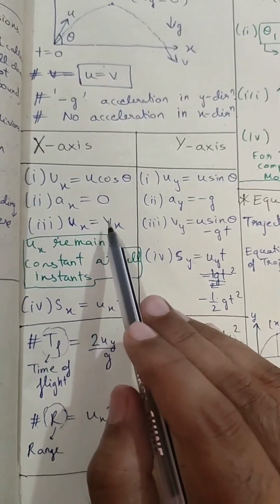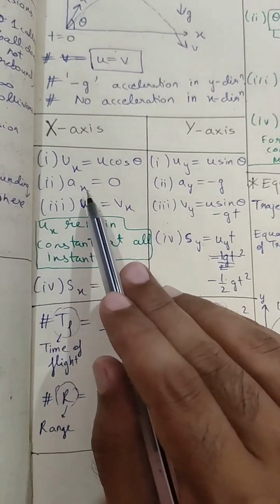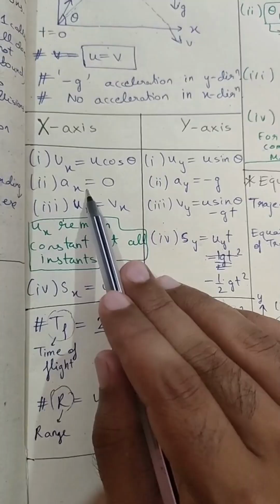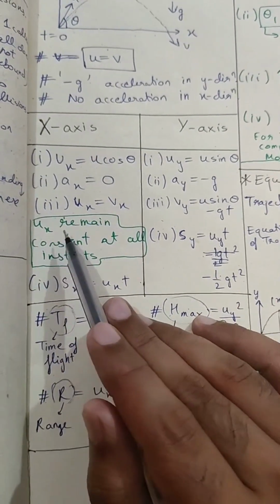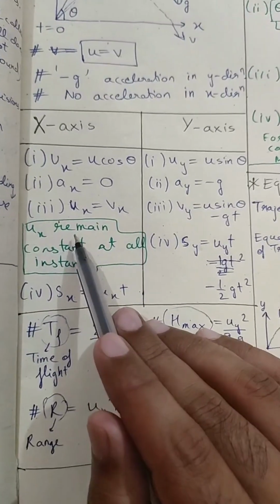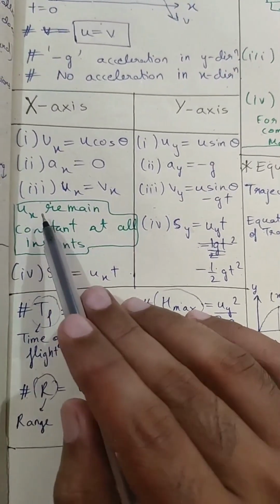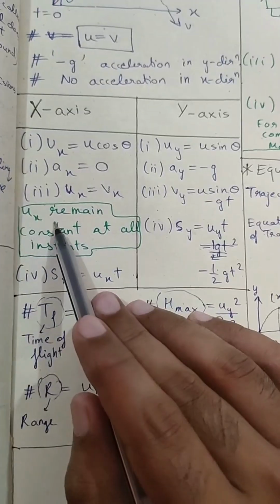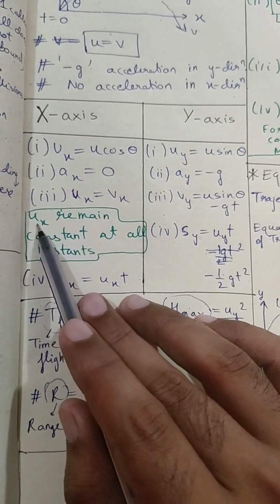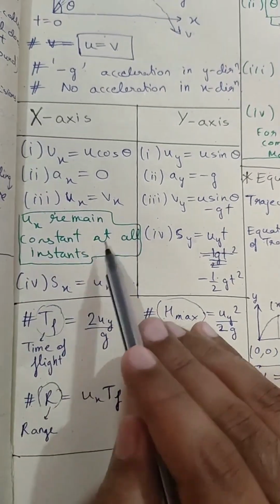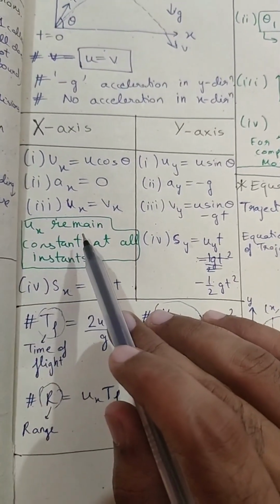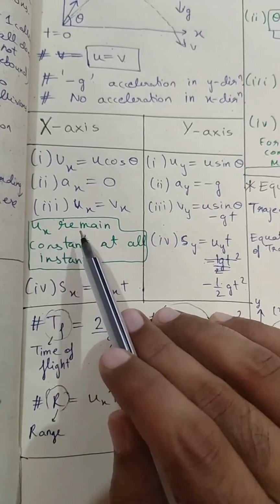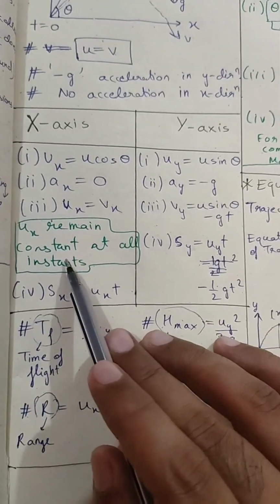It doesn't change during the whole motion, because acceleration in x is 0, so there is no change in the velocity. It is a very important point. We can solve many questions, even in JEE Advanced, using this property that ux remains constant at all instants. At any instant you check the velocity in x direction, it is always the same.